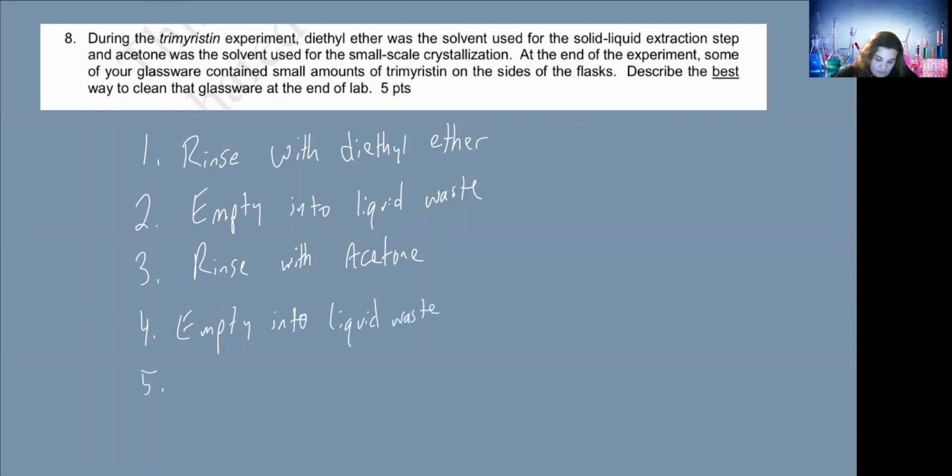Then you rinse it with water. That also goes into liquid waste because there's trace amounts of acetone in there, and we do not want any of that acetone to go down the sink drain. And then finally, step 7, you can clean it with soap and water.